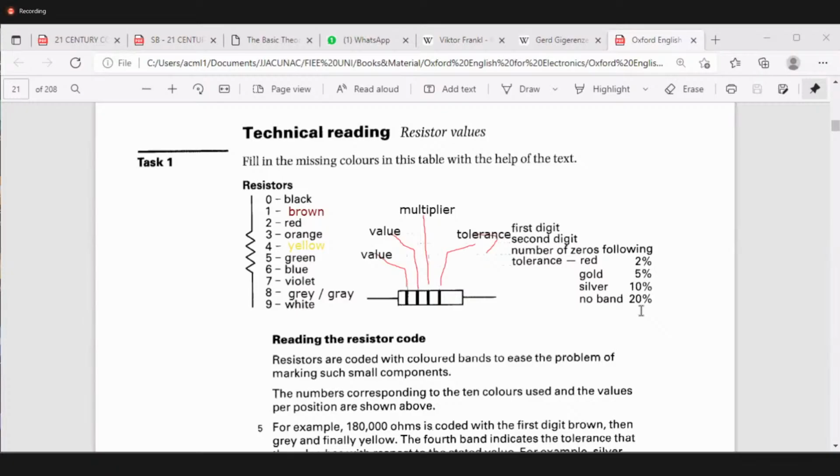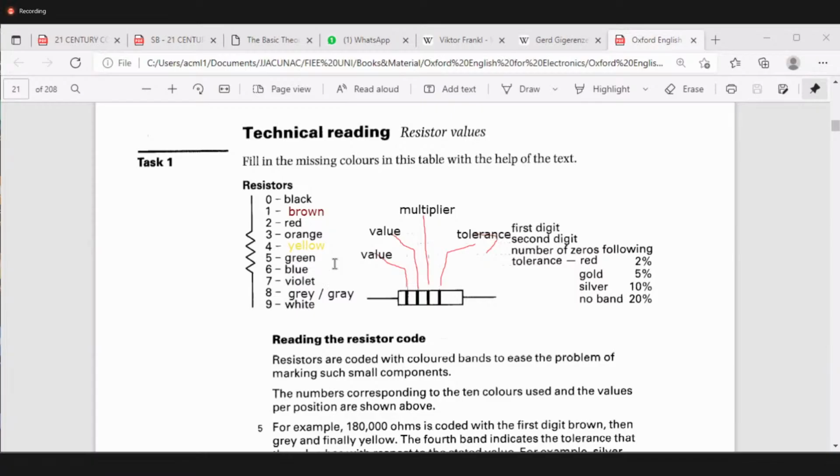Accurate means exact. So the smaller tolerance means that the resistor is more precise, more accurate. If you have greater tolerance, it means that the resistor overlaps other values too.